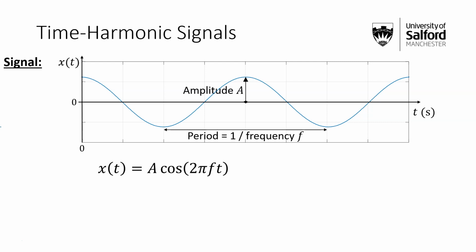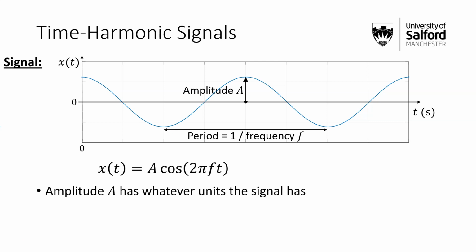Mathematically, we're going to write this as x of t, our signal, is amplitude A, which has whatever units the signal had, times the cosine, that's the cosine from trigonometry, of 2 times pi times frequency, which is in a unit called hertz, which is equivalent to 1 over seconds, times time.